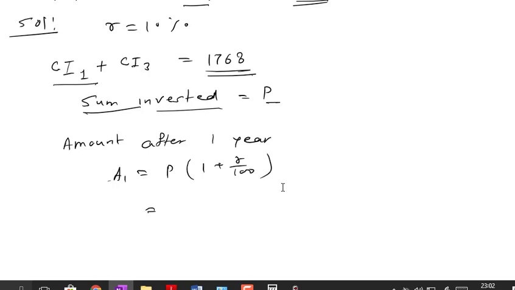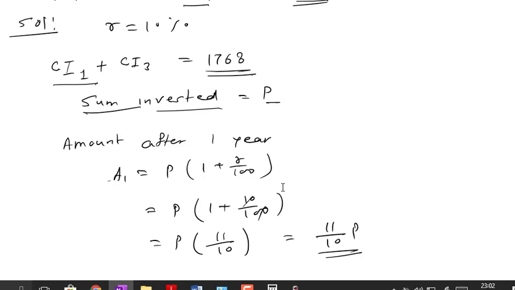So the value of P we don't know, so P into 1 plus the value of R is 10, so 10 upon 100. This gives me P into, this 0 and 0 will cancel, 10 plus 1 is 11 upon 10. So this is 11 upon 10 P. This is the amount after 1 year.